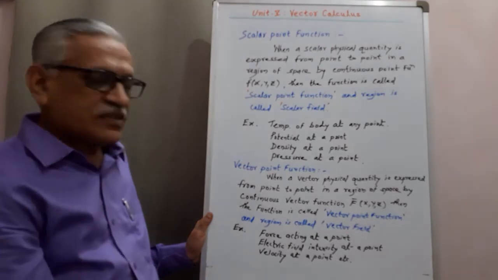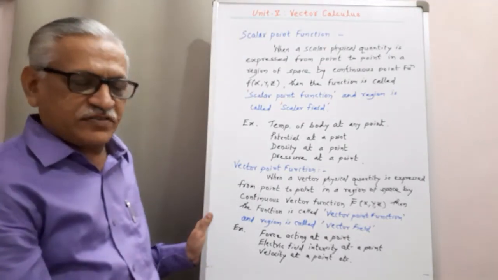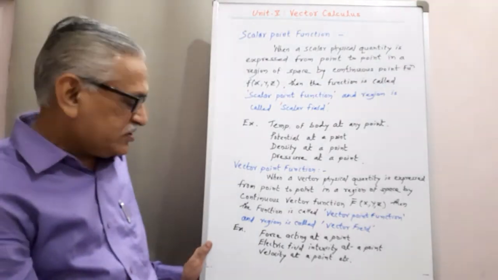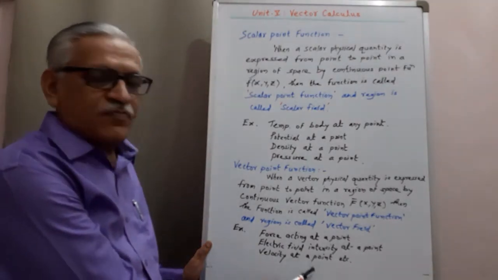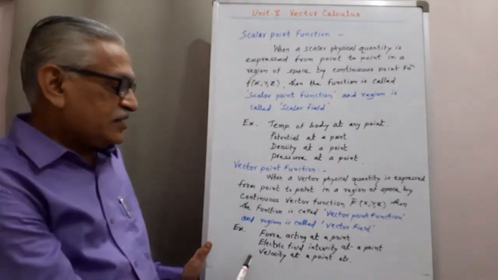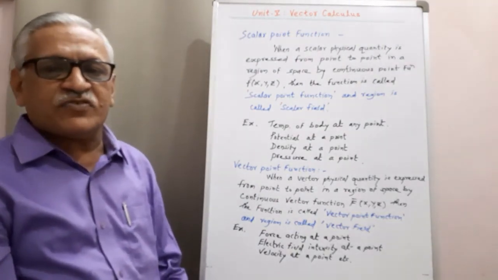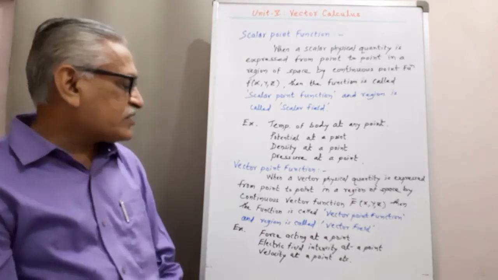For example, force acting at a point, electric field intensity at a point, velocity at a point, acceleration at a point, etc. All these are examples of vector point functions.